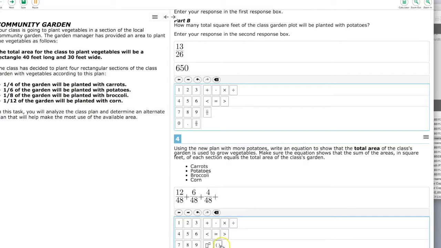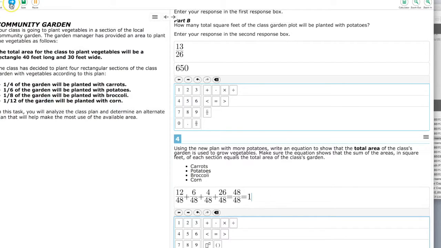Okay, 26 of the 48. So we're going to add those all together, add the tops, denominator stays the same. Okay, so we've got 26, 6 plus 4 is 10, so let's make that 36, 46, 47, 48. What do you know? It added up. 48 over 48, and everybody knows that if the denominator and the numerator are the same, it equals 1. 1 full garden full of vegetables.